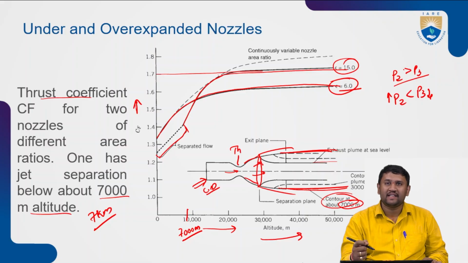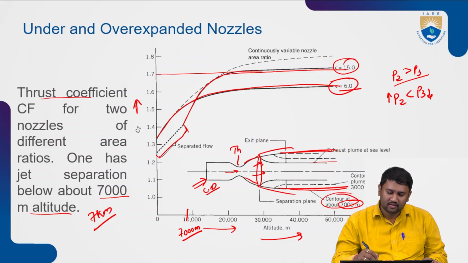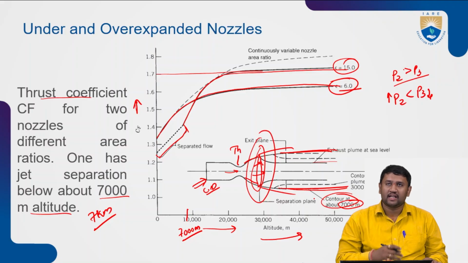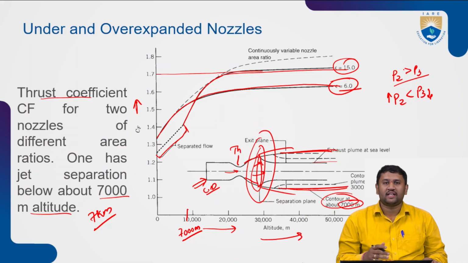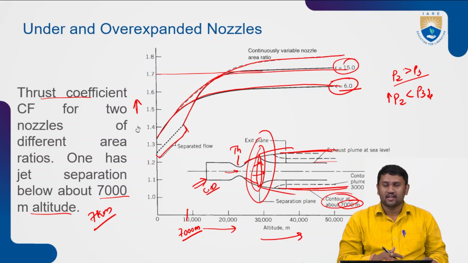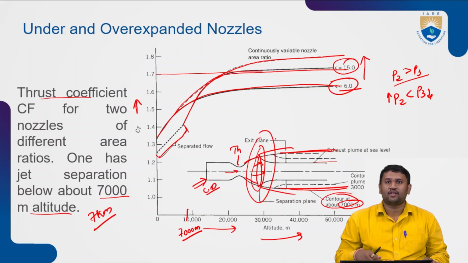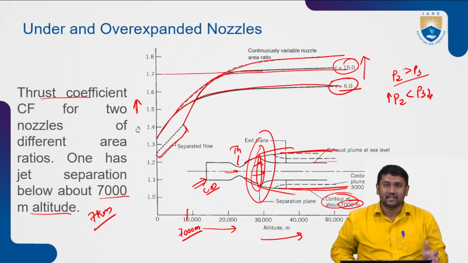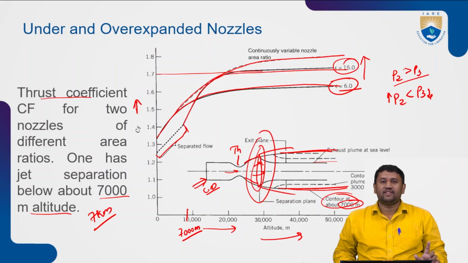Now if there is any variation, let's say as the altitude increases, we increase the area ratio to expand the nozzle further, which gives the thrust curve in this form, right? So as the area ratio changes, you will be getting a different amount of thrust coefficient from the same nozzle.